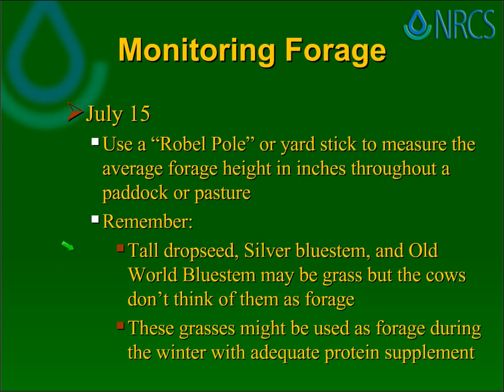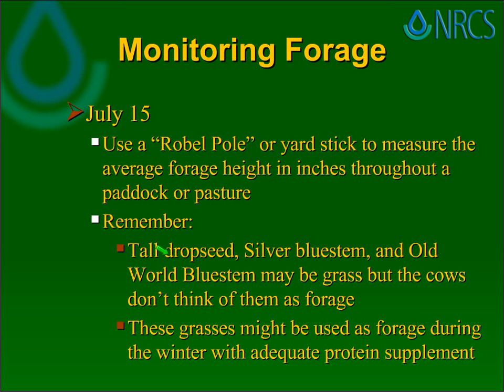During the growing season, however, you need to remember that tall dropseed, silver bluestem, and over bluestem are grasses that we would consider to be invaders here. I'm sure that you've got others in your area that you could identify. During the growing season, the cows do not think of those as forage. So when you're using this Robel pole to measure the average forage height in inches out there, use the ones that the cows are eating at the time that you're doing the measurements.